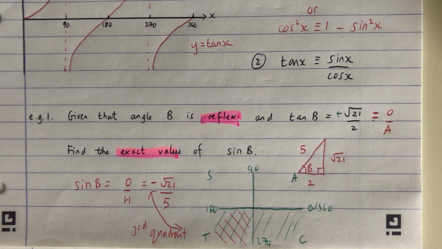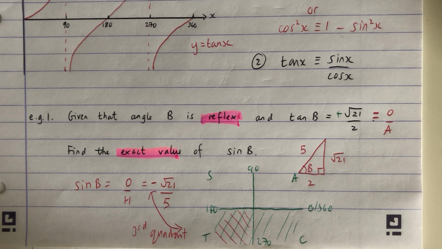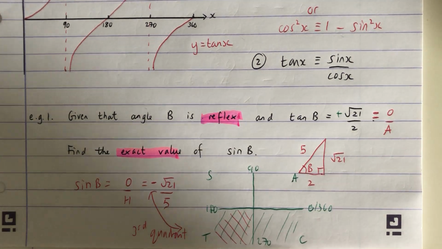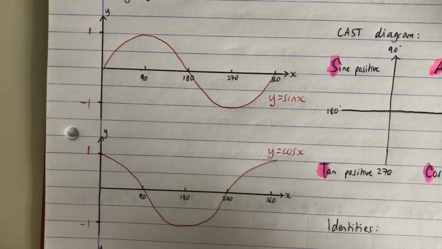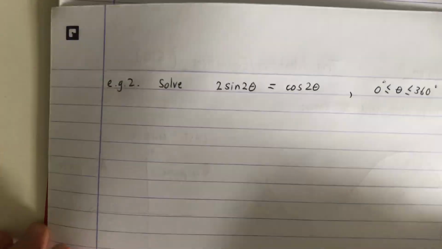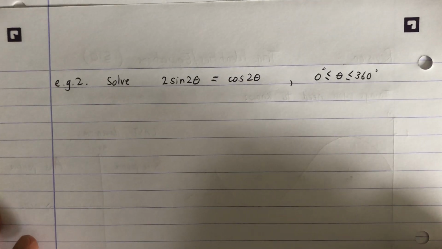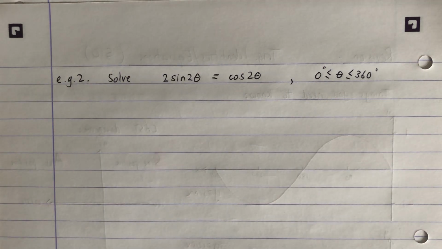I never used inverse tan or sine or whatever, I just used properties of SOH CAH TOA and the CAST diagram. Right, let's see a different style of question. So example number 2, an equation to solve. You've got to solve 2 sine 2 theta equals cos 2 theta, where theta is between 0 degrees and 360 degrees.